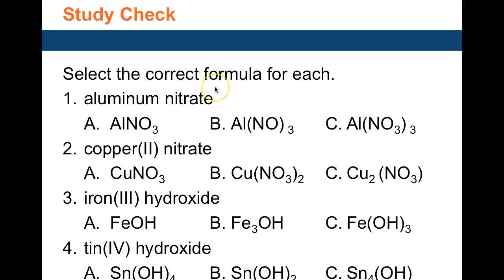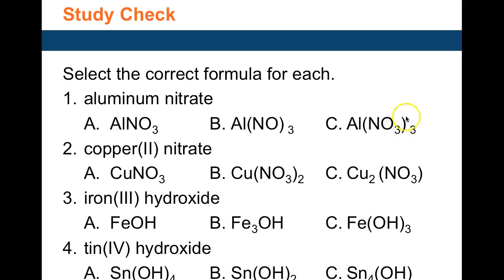Select the correct formula for each. Aluminum nitrate. Aluminum is plus 3. The nitrate is 1 negative, so B. Copper(II) nitrate. Nitrate is negative 1. Copper is plus 2. So the B would be correct. I'm sorry, this is not B. It should be C. Nitrate is NO3.